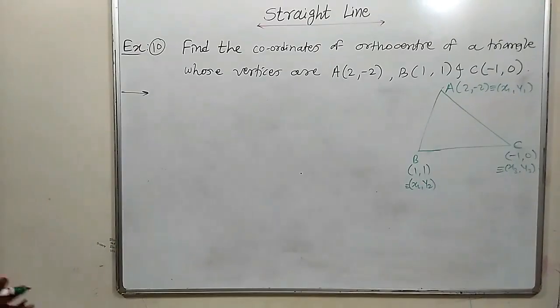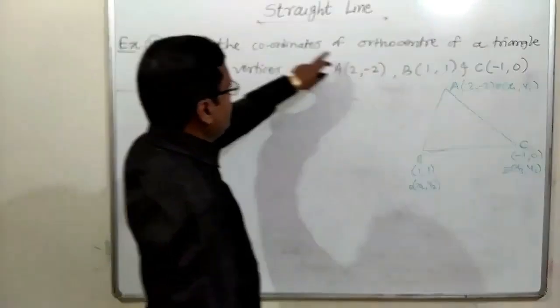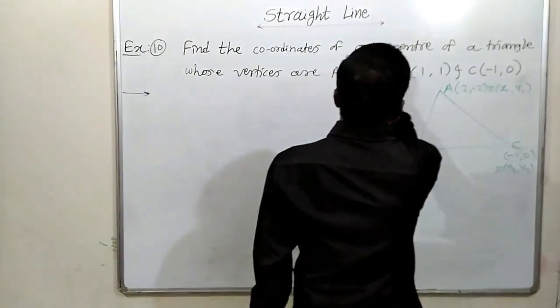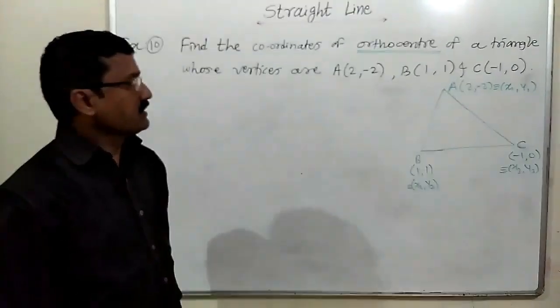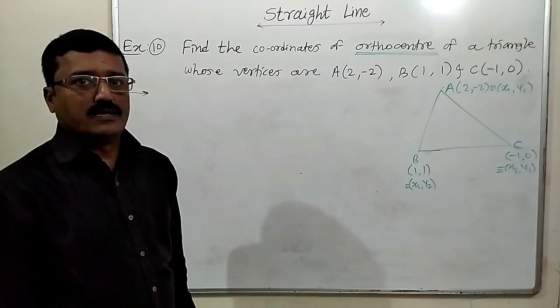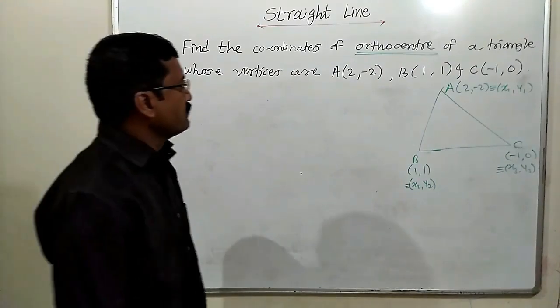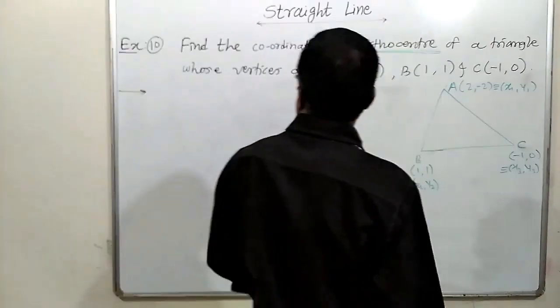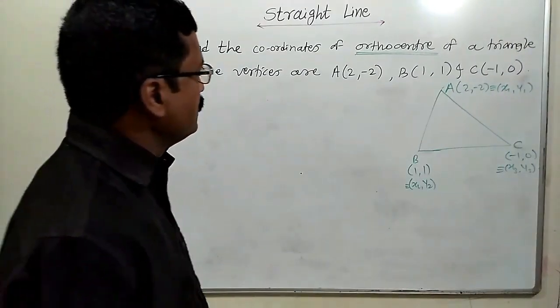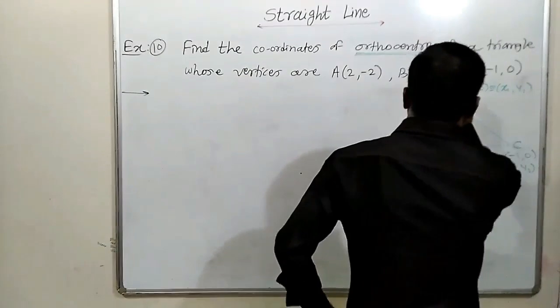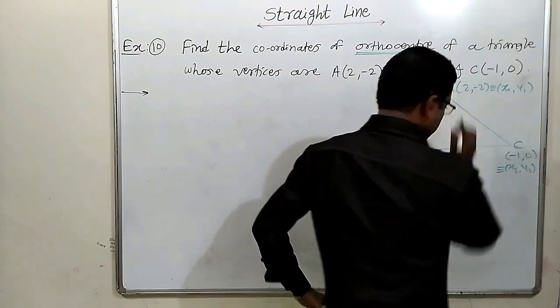In this example, you have to find the coordinates of the orthocenter. First tell me, what is meant by orthocenter? Orthocenter is nothing but the point of intersection of altitudes. Okay. In our example number 8 also, we found the equations of altitudes. Similarly, here we will draw the altitudes.